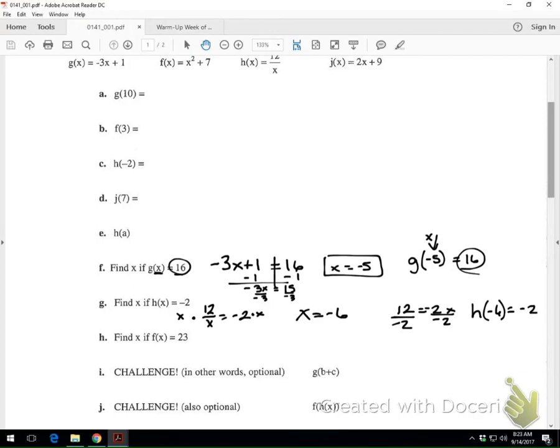Okay, so I want you to try h real fast. Find x if f of x equals 23. This one's tough. This one's a tricky one.